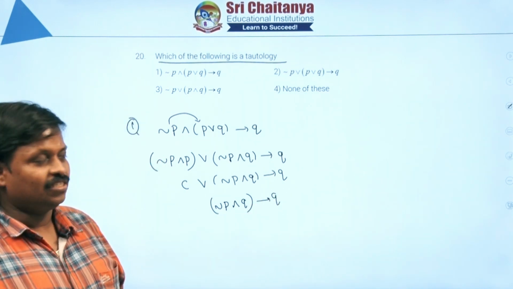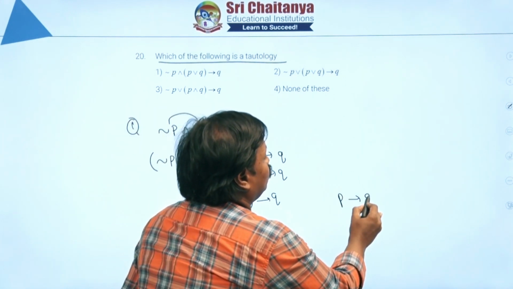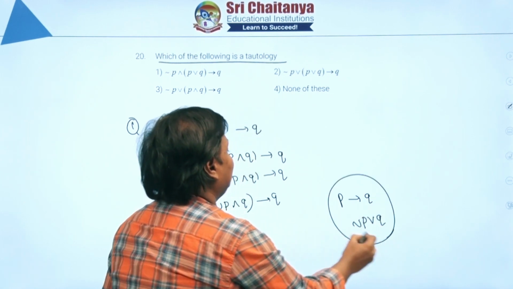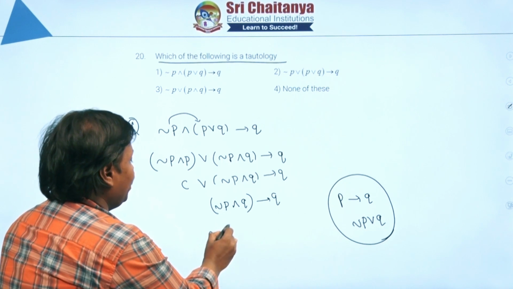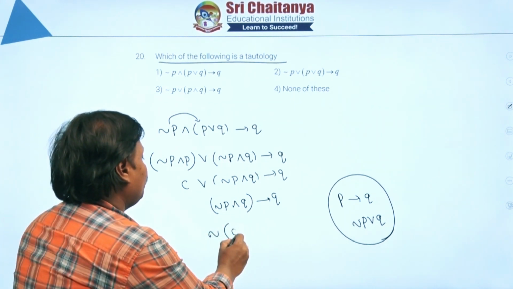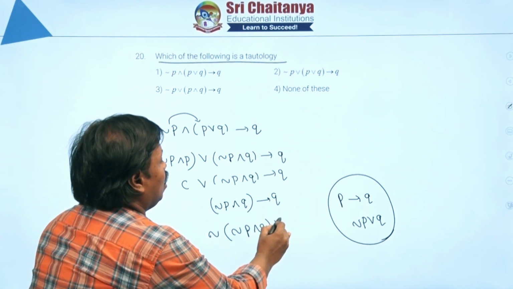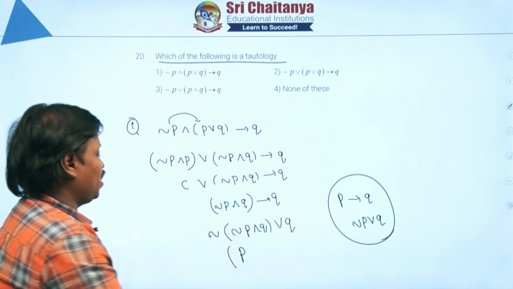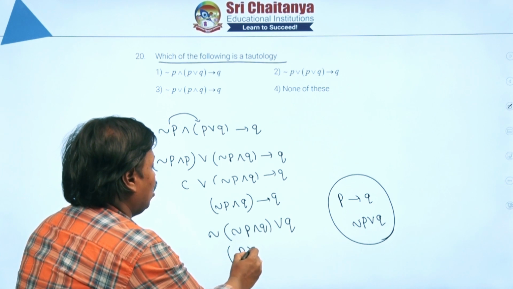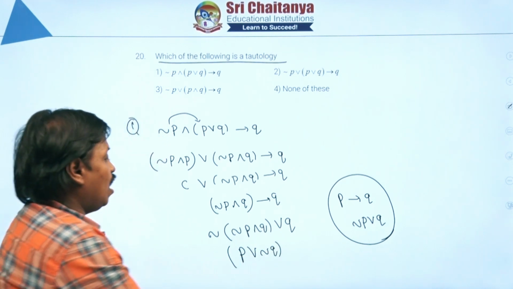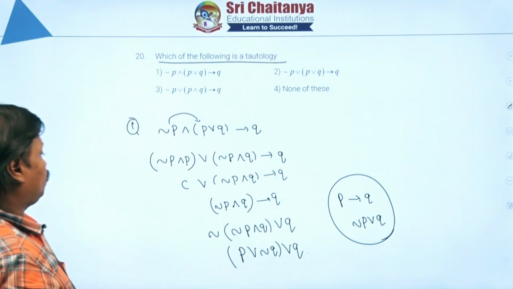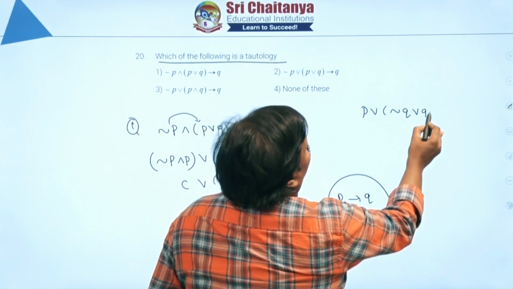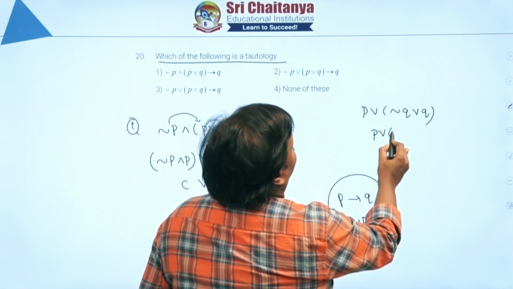Now, we have a property that P implies Q is equivalent to negation of P or Q. So using that, I write it as negation of negation of P and Q, or Q. So if I write this, negation of negation of P becomes P, and negation of Q or Q, so P or negation of Q or Q, this is nothing but a tautology.